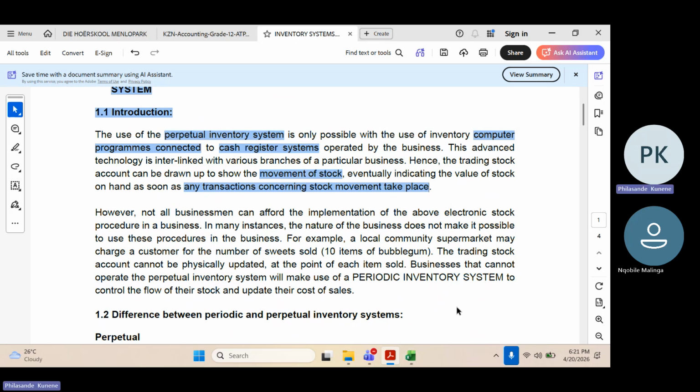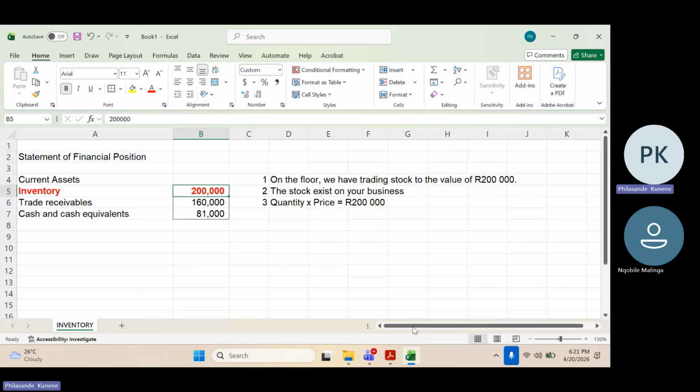If I had an opening of 20,000 rand and buy stock of 5,000 rand, now I have 25,000 rand. If I sell stock of 3,000 rand, I'll be left with 22,000 rand. It keeps updating the inventory balance, and any movement is recorded by the computer immediately.